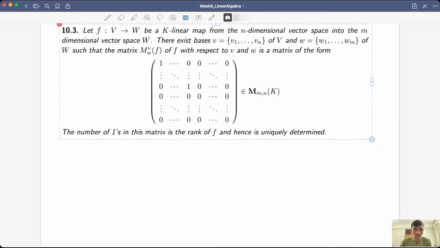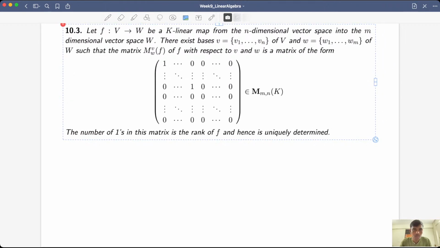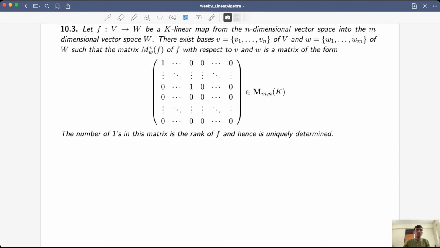So here you are given a map F from V to W, where V is an n-dimensional vector space and W is an m-dimensional vector space.